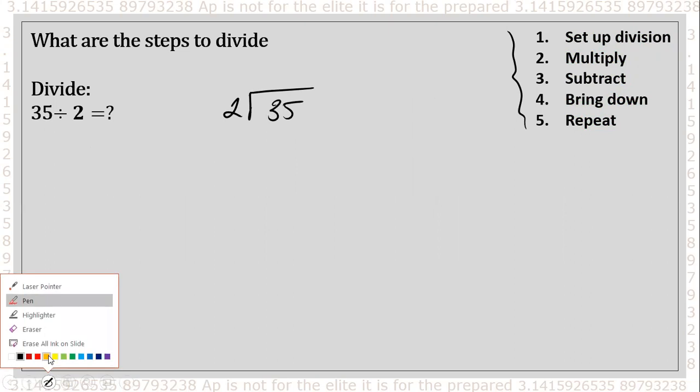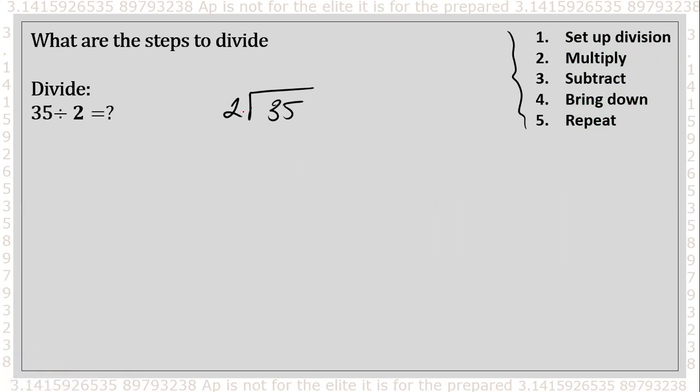So I'll do this with you, and we can see that 2 times 1 gives me 2, and if I subtract it, I get a remainder of 1, and this 5 right here, I drop it down, right? Bring it down. So now I have 15. Now I'm trying to get as close as possible to 15, or something that equals 15. So 2 times something will give me 15.